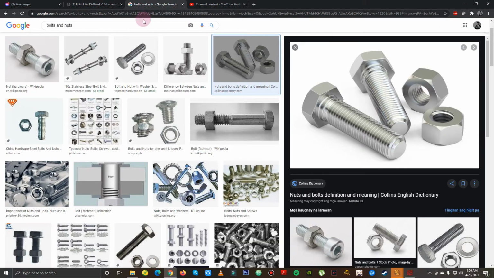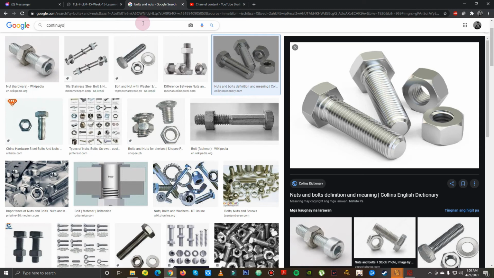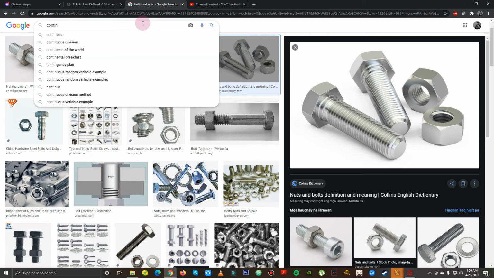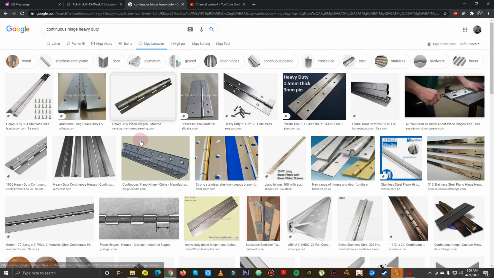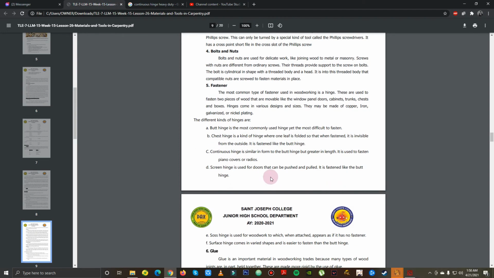This is how a continuous hinge looks like. Okay, this is a continuous hinge, taas. Okay, screen hinge is used for doors that can be pushed and pulled as it is fastened like a butt hinge.